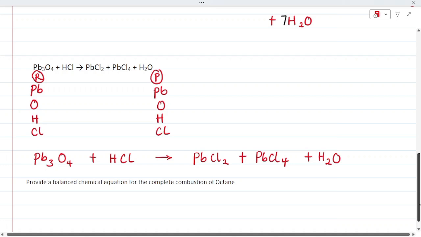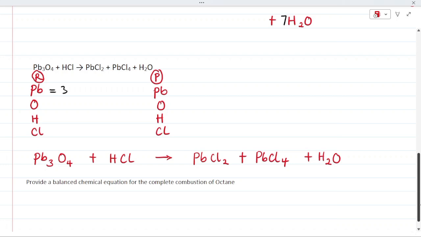Again, we count. Lead is 3, oxygen is 4, hydrogen is 1, chlorine is 1. Lead is 1. Chlorine appears in 2 places. That's 2 plus 4, which gives 6.